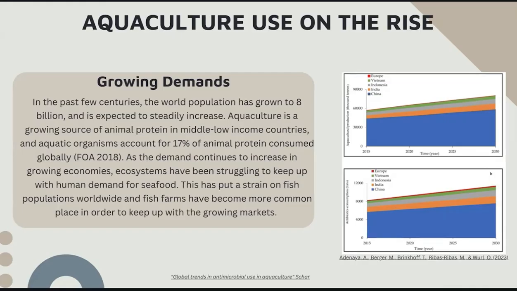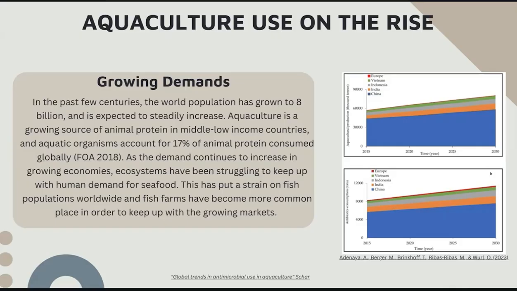Today, aquatic organisms account for 17% of all animal protein consumed, but as the population continues to grow, so will the demand, and our ecosystems simply can't keep up with our need to consume seafood. So this has put a strain on world fish populations, and fish farms have become commonplace in order to keep up with the growing markets.